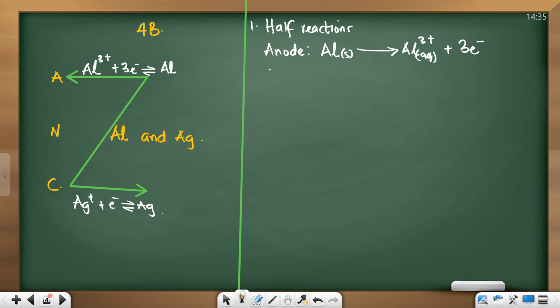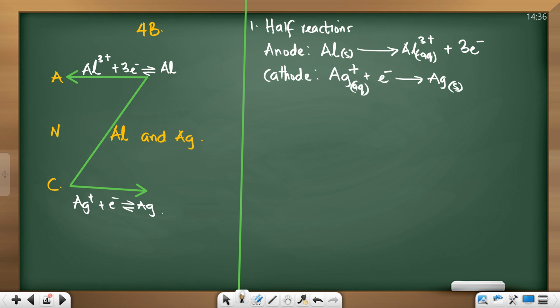Can we write the cathode? And remember what takes place at the cathode? I'll show you ways again to remember. We start from the left. This time the arrow says we go to the right. Ag+ + e- to give us Ag. Here there's nothing there, it's a solid. If there's a plus, it's aqueous.